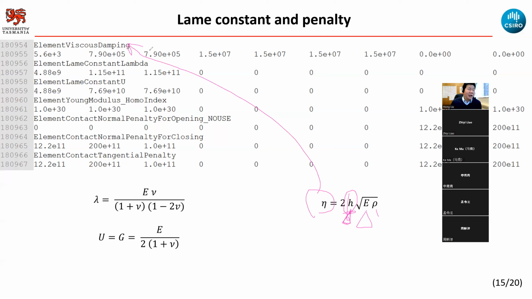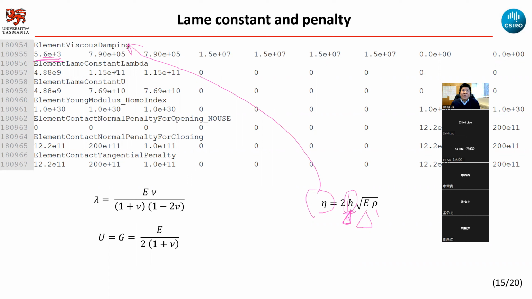If you're using a non-uniform mesh, you need to check that, letting the program automatically calculate the viscous damping. If you're using a uniform mesh, you can directly use this formula, then put the calculated critical damping number in here. So this is the meaning of the viscous damping.